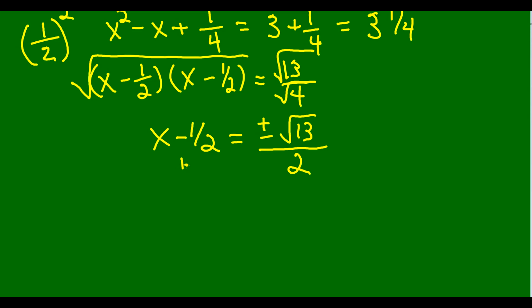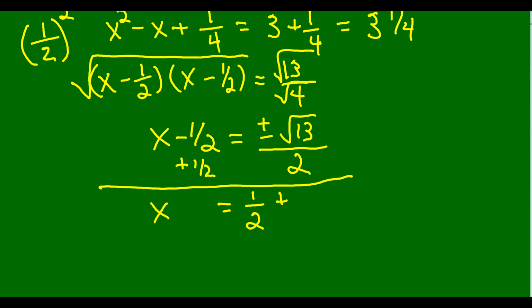I just have to add the 1/2 to both sides. Let's see, I'll go x equals, adding my 1/2 now. I want to put that in front of the plus minus sign. Plus or minus square root of 13 over 2. And that's my solution there.